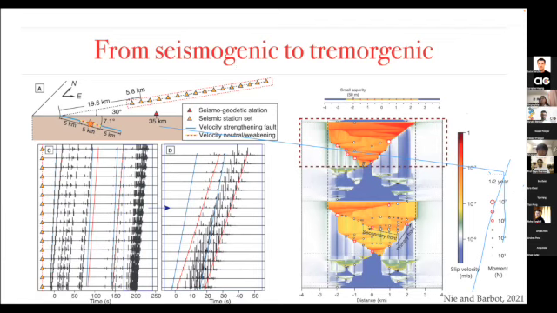We calculate the synthetic seismic waves recorded by these stations. Unlike typical earthquakes, it is very hard to mark the P and S arrivals because the events are too close in time and the signals cluster together, which makes them very tremor-like from my view.